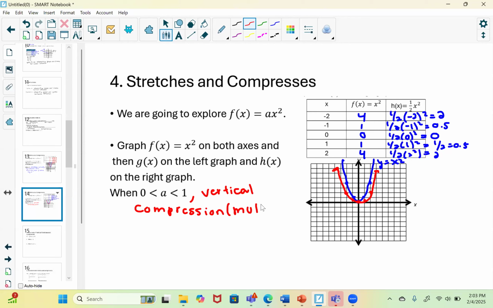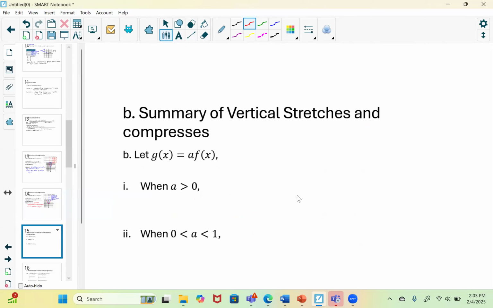We're multiplying all our Y values by A. But in this case, A is going to be a fraction less than 1, and so it's going to make the Y value smaller, which is compressing it closer to the X axis. And so that's what A does if it's less than 1.